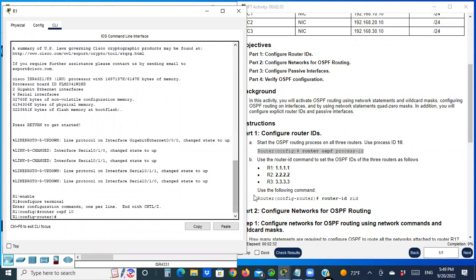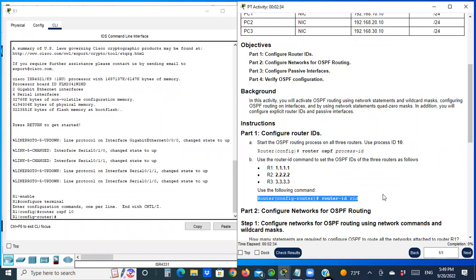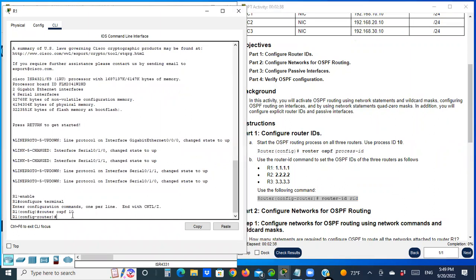Then we use this command to configure the router ID: router-id 1.1.1.1, because the router we're configuring is R1, so it is 1.1.1.1.